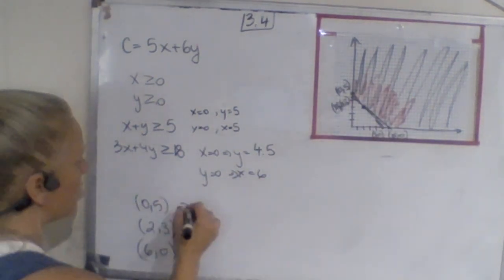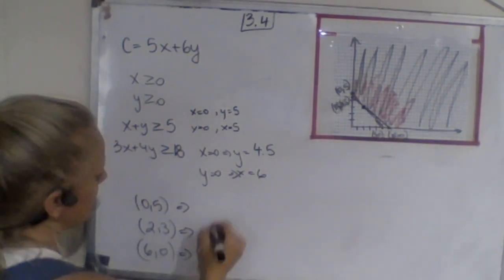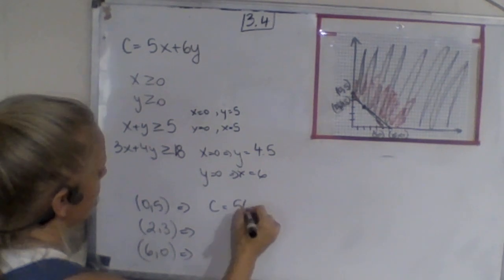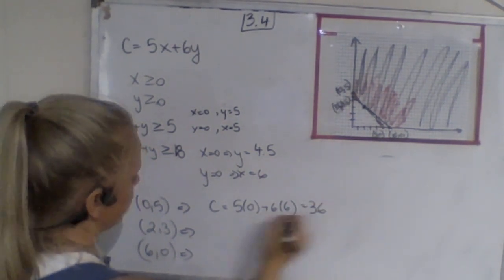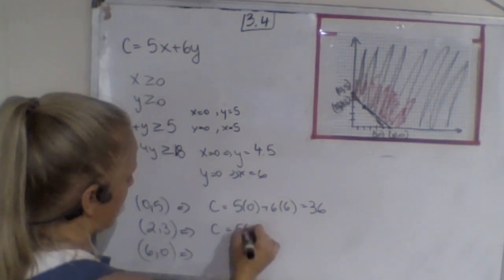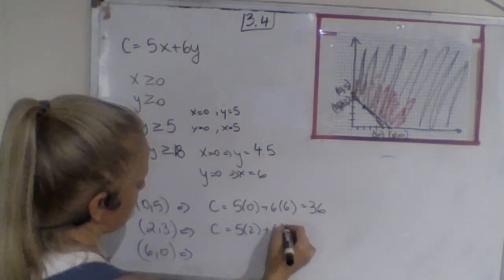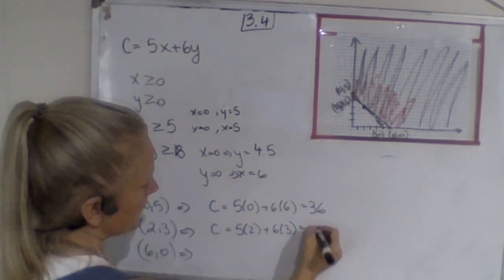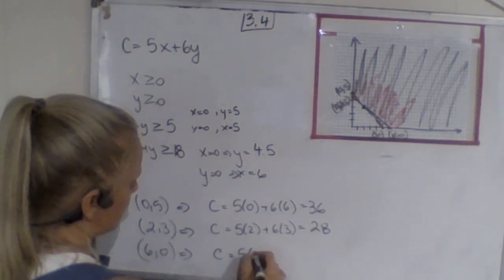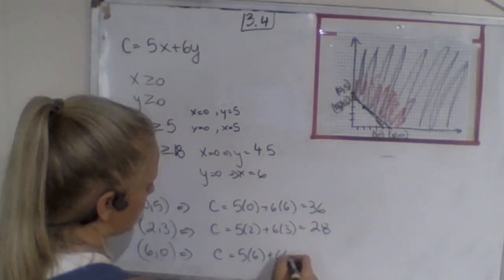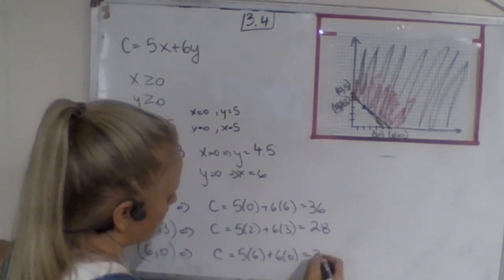And now, once I get those points out, this is pretty easy. C becomes 5 times 0 plus 6 times 6, which is 36. In this case, it's 5 times 2 plus 6 times 3, which is 18, plus 10, 28. And this has become 5 times 6 plus 6 times 0, which gives me 30.